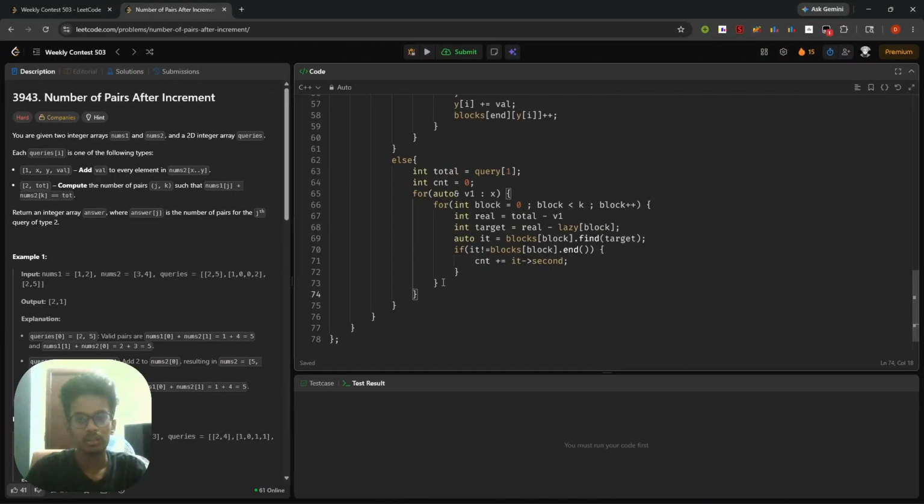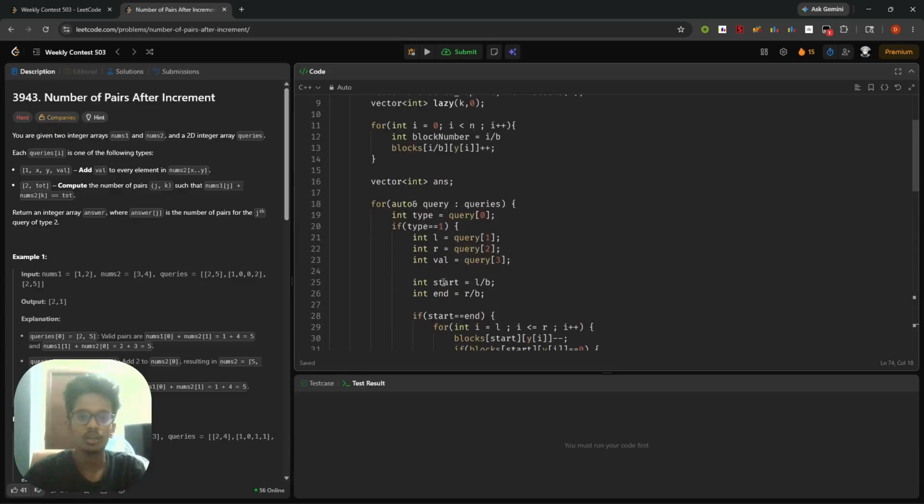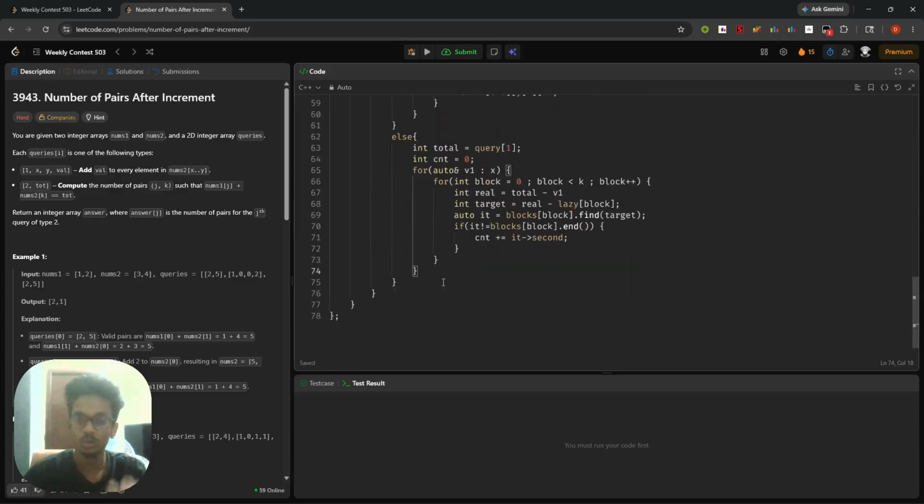Fine. Now once this is done, after this for loop, what you will do? You would do a simple answer dot push_back. I'm unable to find the right parentheses. What do you say, curly brace or something? Yeah. So I guess this is it.